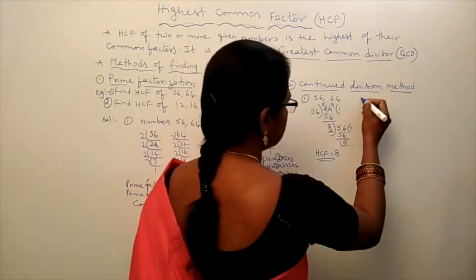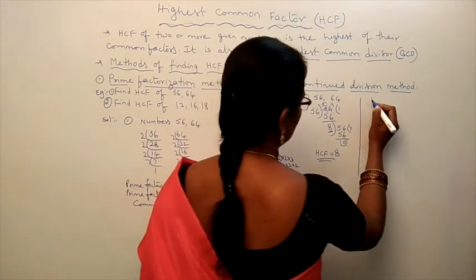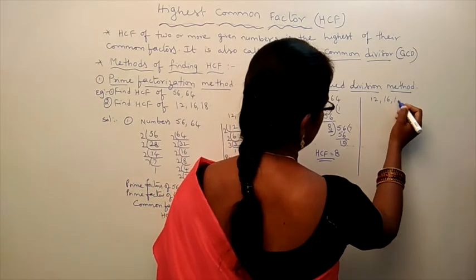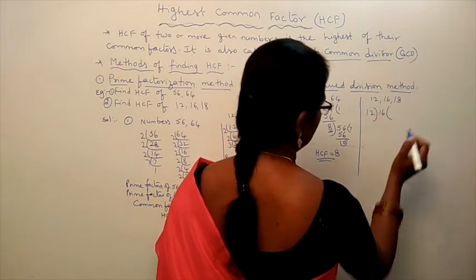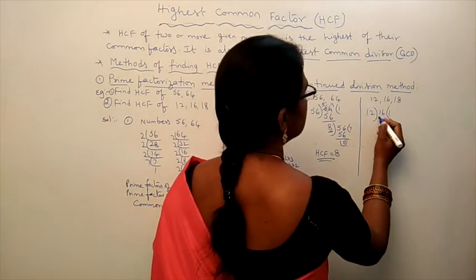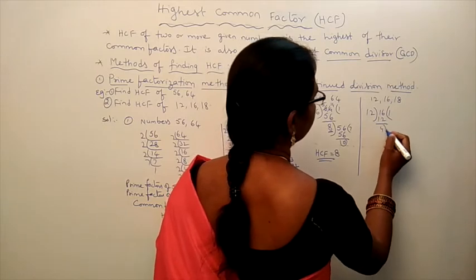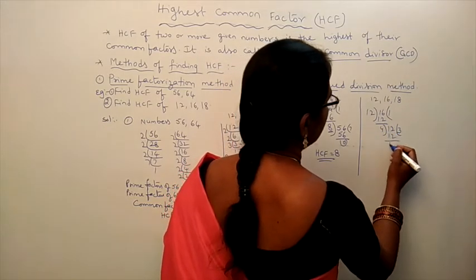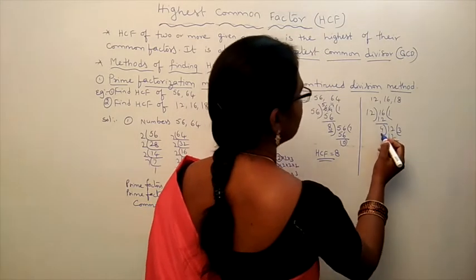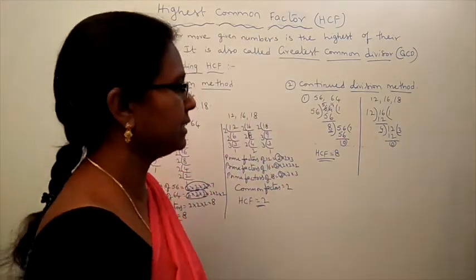Now, how to do it for 3 numbers? 12, 16, 18. First we have to do 16 with 12. 12 ones are 12, remainder 4. 4 threes are 12. Now what is the HCF? 4 we got. But another number is also there.